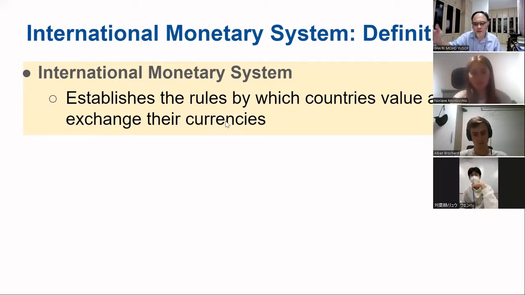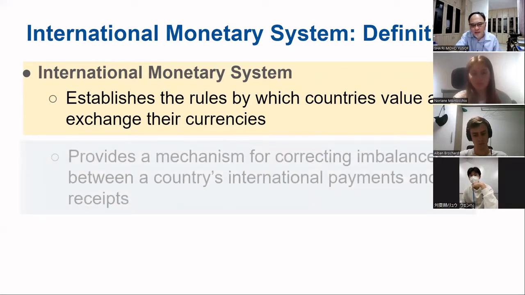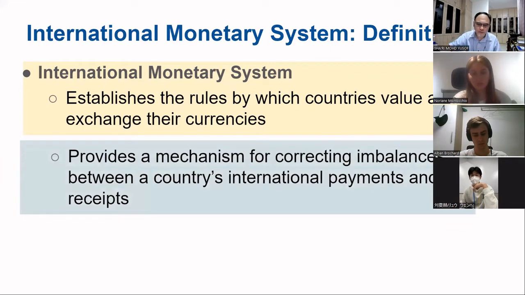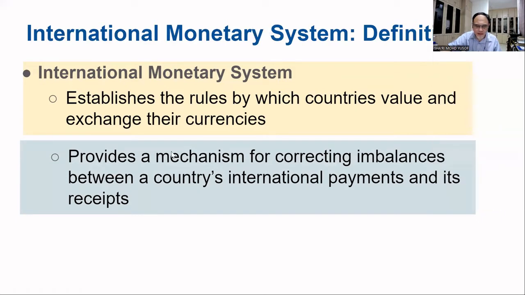So what are the rules that every country should play or follow? And also, at the same time, if we have this exchange rates monitoring and control, it will provide a mechanism.